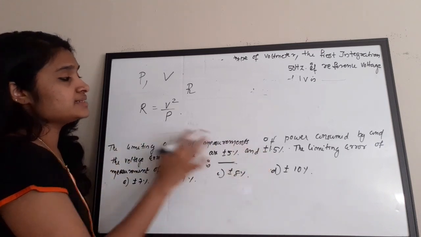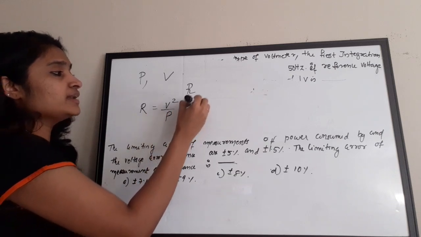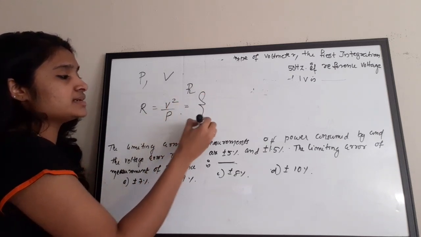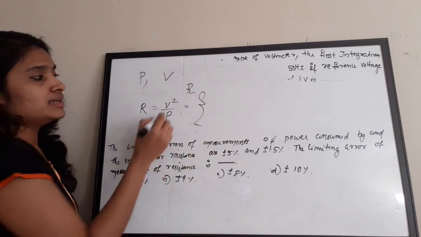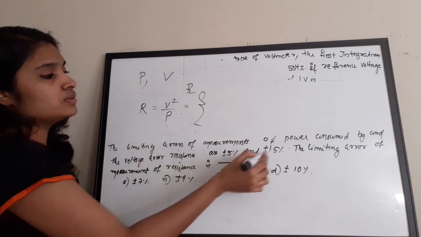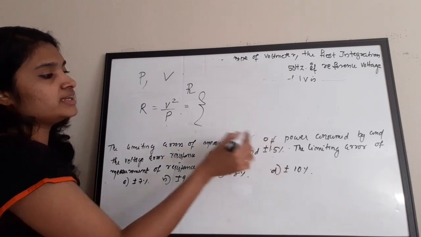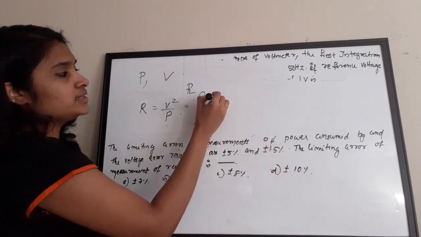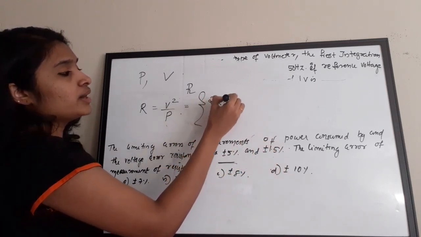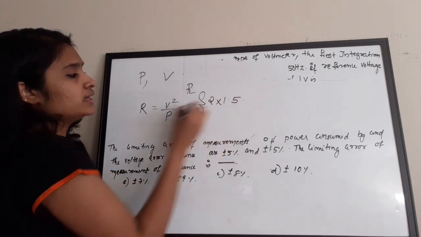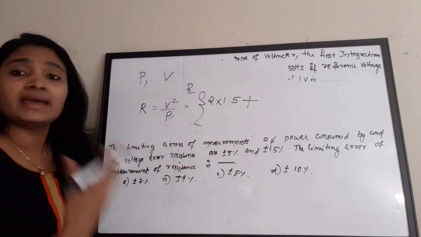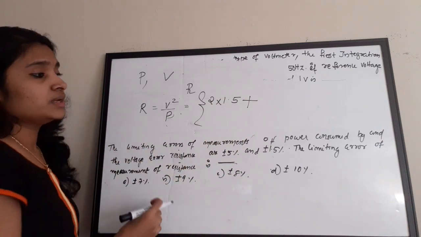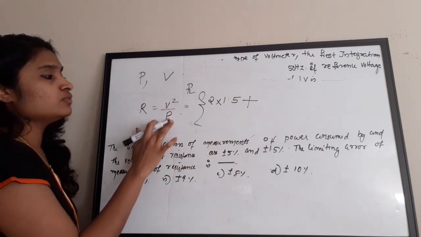Okay, since it is V square, while calculating the error, please listen now. How to calculate the error percentage? It is V square by P, right? So what is the error for V? It is 1.5. So you have to write 2 into 1.5, plus the error of P. So all errors we have to add. We are not dividing or anything for errors.